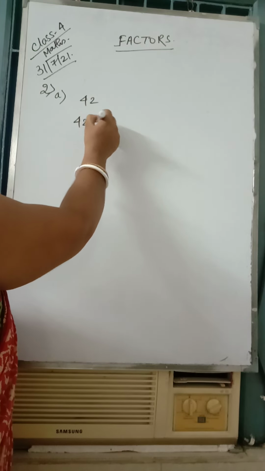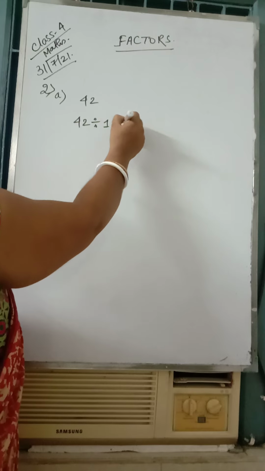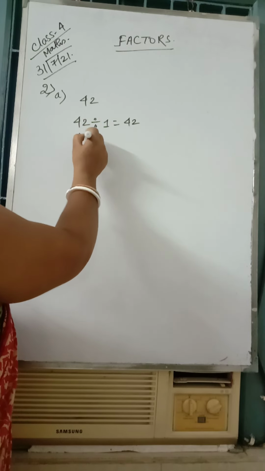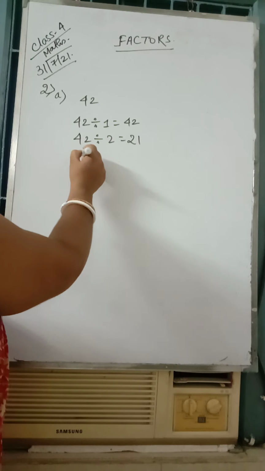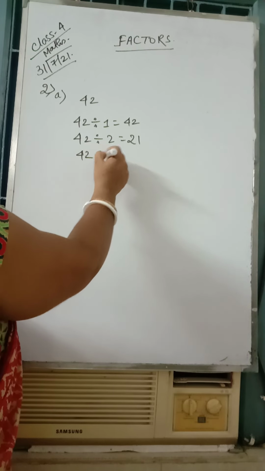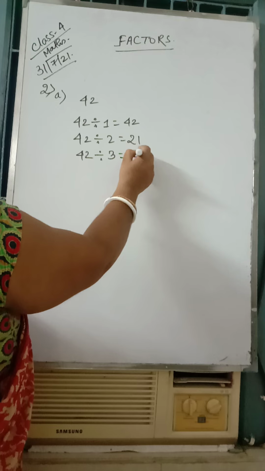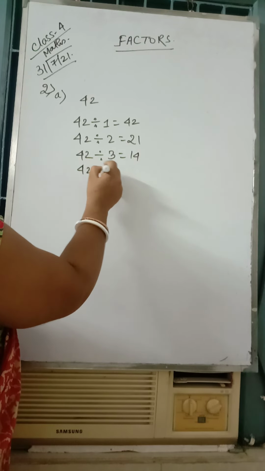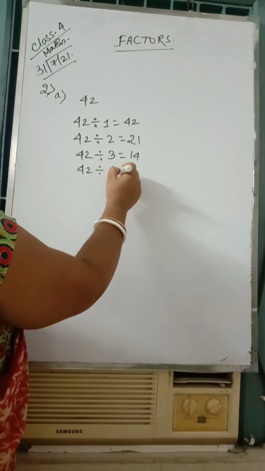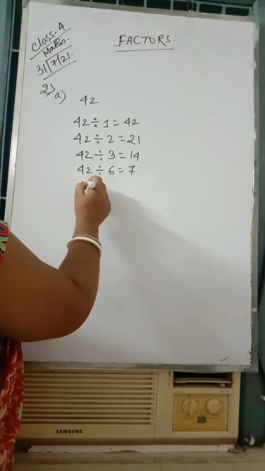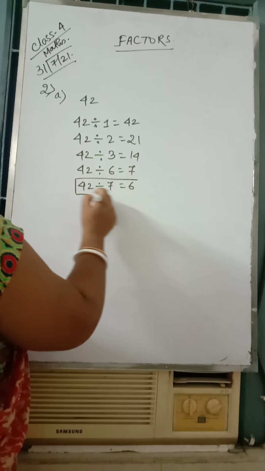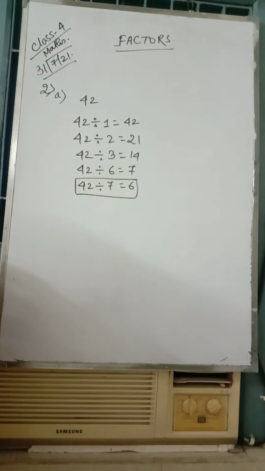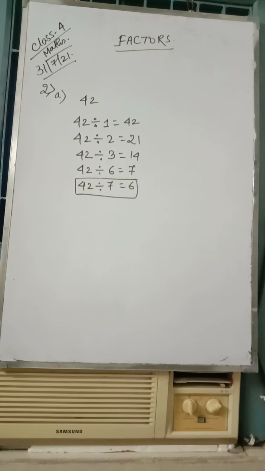When I divide 42 by 1, I get 42. 42 divided by 2 is 21. 42 divided by 3 is 14. 42 divided by 6 is 7. Again we are getting vice versa, 42 divided by 7 is 6.